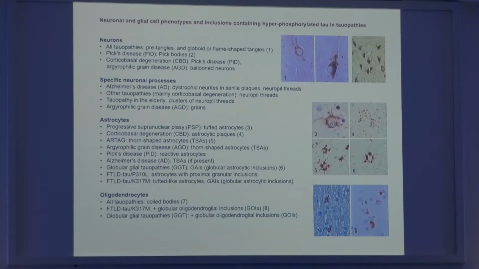As I have said, there are many different deposits in these cells. So in neurons, we can consider, for example, pretangles, tangles, and in particular diseases, like Pick disease, the characteristic Pick bodies.